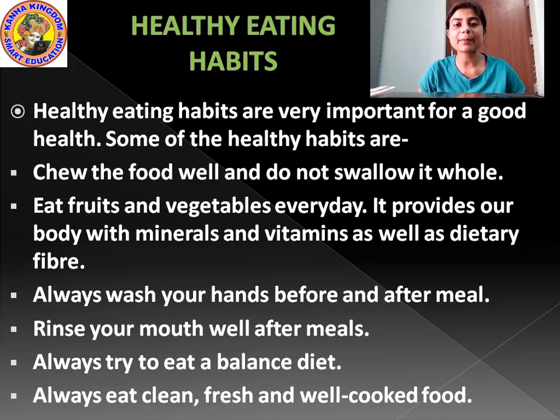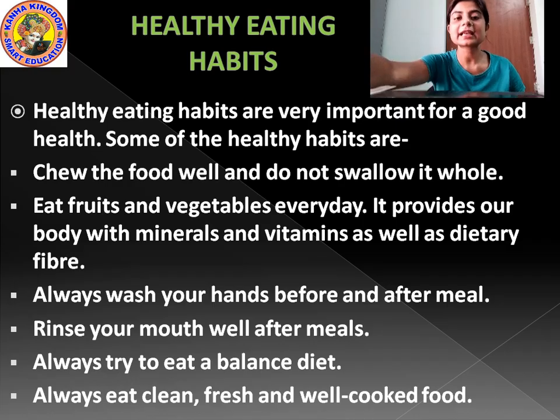Then always try to eat a balanced diet. We must always eat a balanced diet, a diet which contains all the nutrients in good amount, like carbohydrate, protein, fat, minerals, vitamins, dietary fiber, everything. Okay, then always eat clean, fresh and well cooked food.